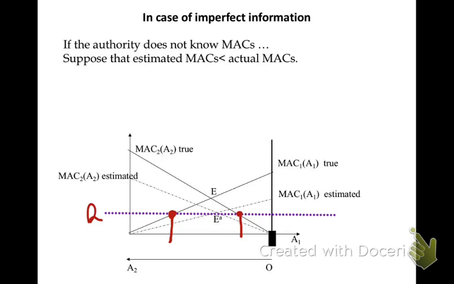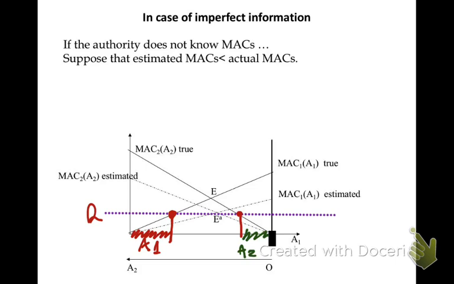It is not enough compared to our target, because this is the abatement of firm 1, A1, and this is the abatement of firm 2. This is why I told you it's very important to understand this picture. Hence, since we had a bad expectation of the reaction of the firms, we don't get the target. In this case, we underestimated the true marginal abatement cost.